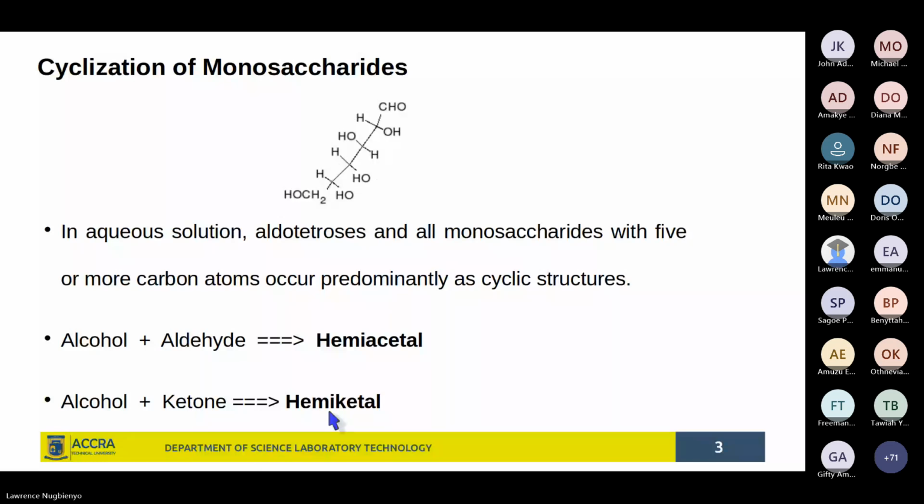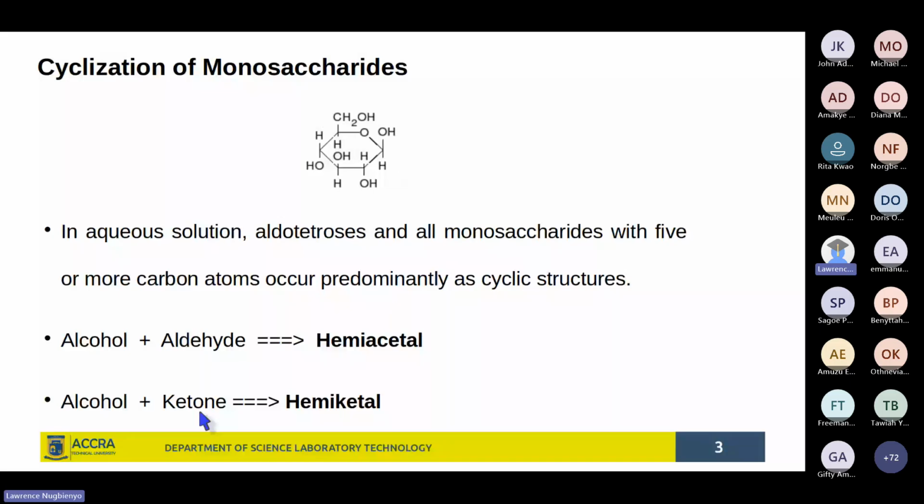Now, you know that aldoses have the aldehyde functional group in them. It is actually because of that aldehyde group that we classify them as aldoses. And the ketoses have the ketone group in them, from which we give the name ketoses.